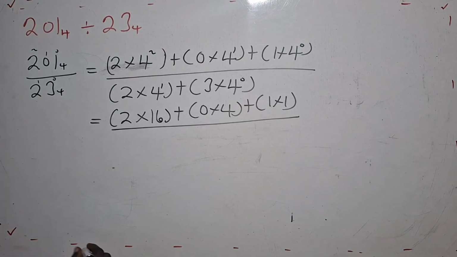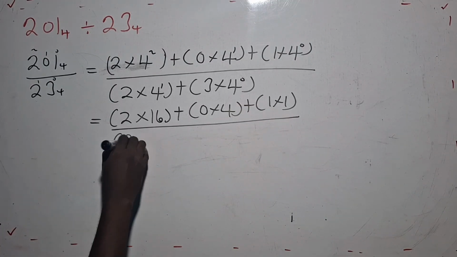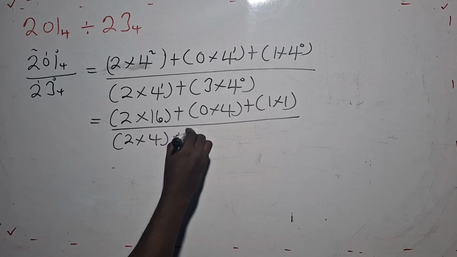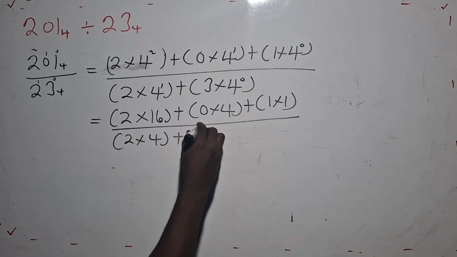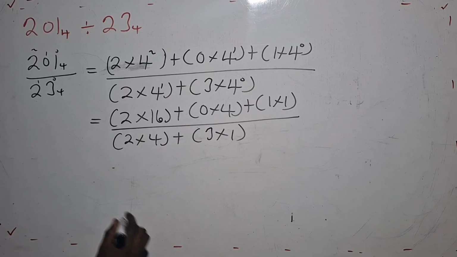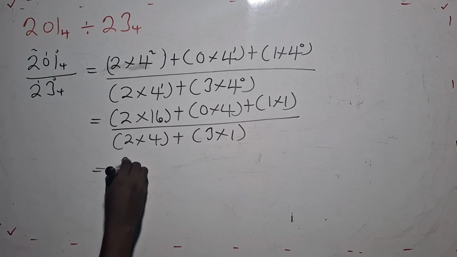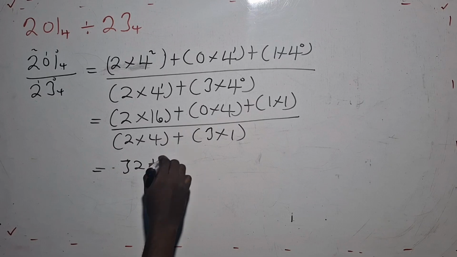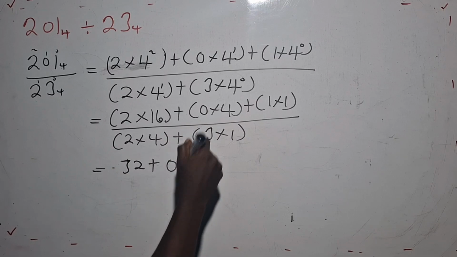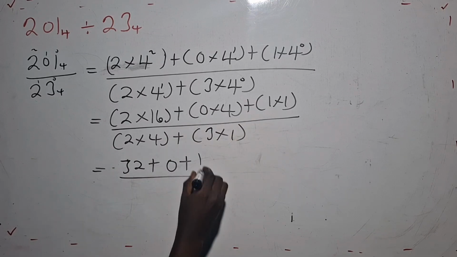I've proven that already. So here will give me 2 times 4 plus 3 times 1. Now 2 times 16 will give me 32. Plus 0 times 4 is 0. Then 1 times 1 is 1.